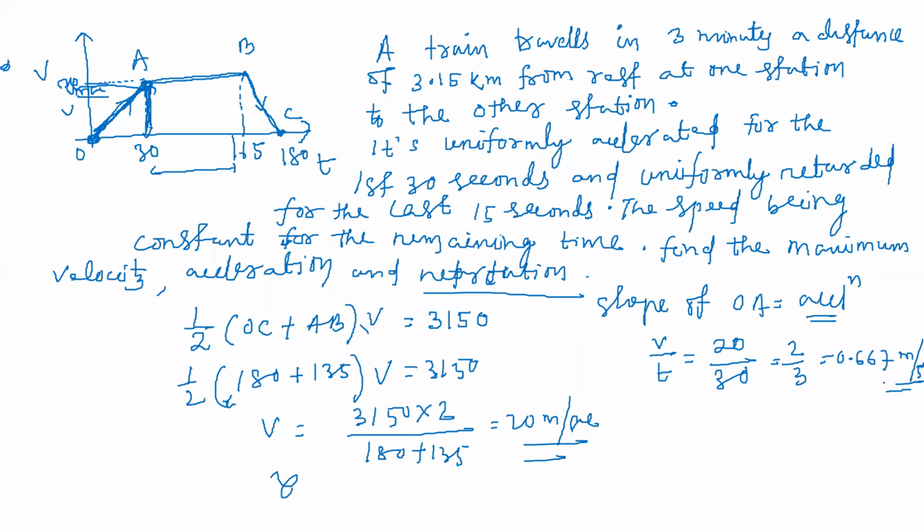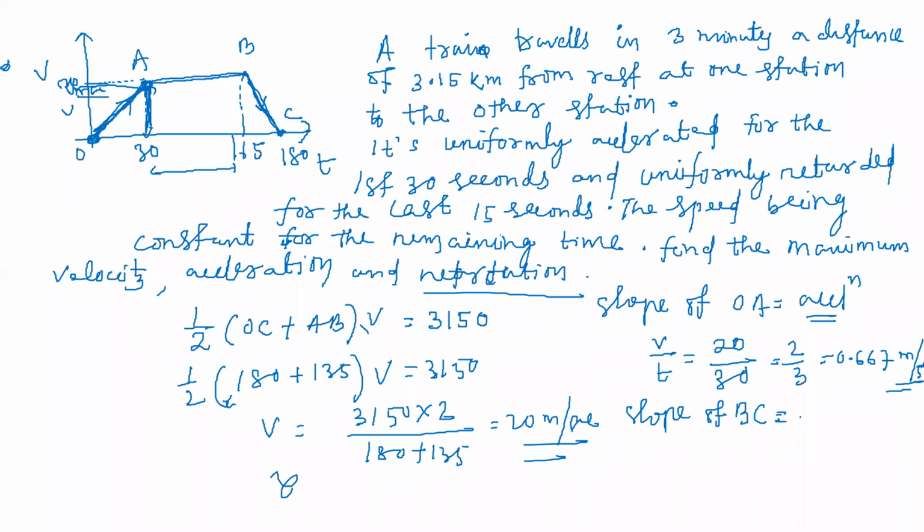Understood. Next, students, retardation means this line, we have to find the slope of BC. Slope of BC is the acceleration in the second part, that is decreasing, that's why it is retardation.